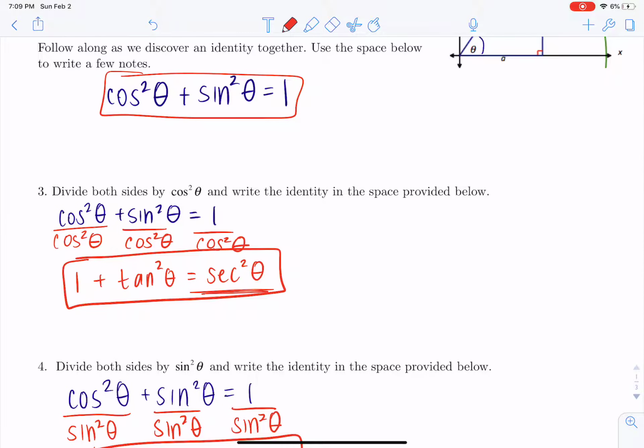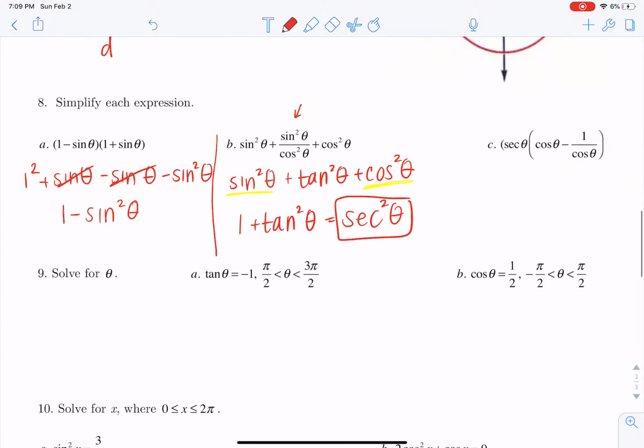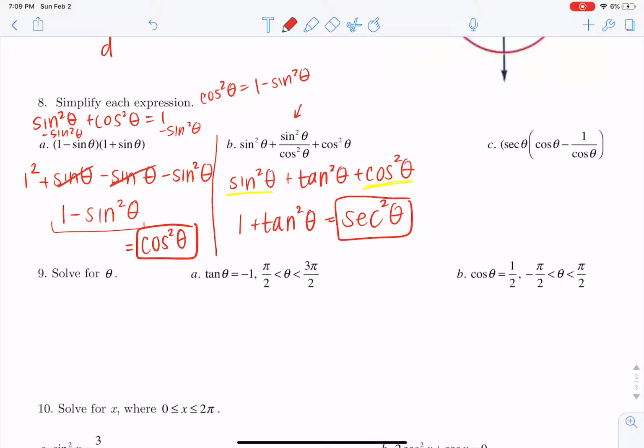If I look at my cosine squared theta plus sine squared theta is equal to 1, here I also know that if sine squared theta plus cosine squared theta is equal to 1, I could subtract sine squared theta from both sides and get that cosine squared theta is equal to 1 minus sine squared theta. And this is what I have here, 1 minus sine squared theta. So this is really equal to cosine squared theta as my final answer.